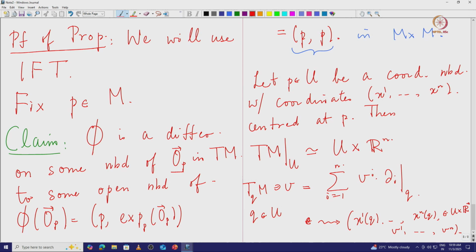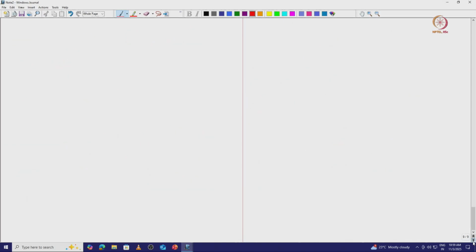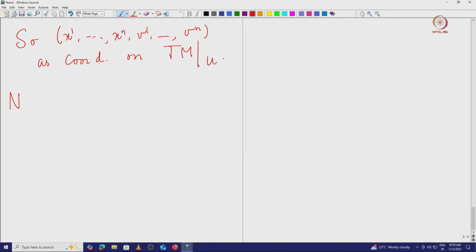So in other words, I can think of x_1 up to x_n, v_1 up to v_n as coordinates on the tangent bundle restricted to U. So any element of the tangent bundle restricted to U can be described by this 2n-tuple.